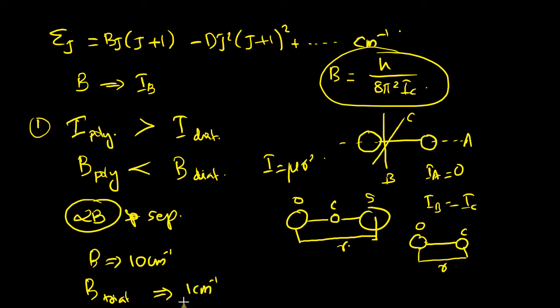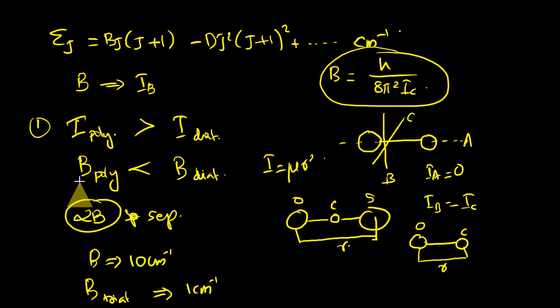So the B of the triatomic molecule is much less than that of the diatomic molecule, and therefore the separation between the spectral lines in polyatomic molecules will be smaller than in diatomic molecules. That is the first thing that you have to understand here.